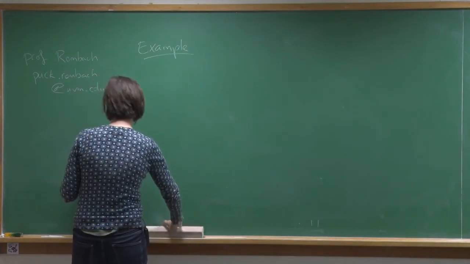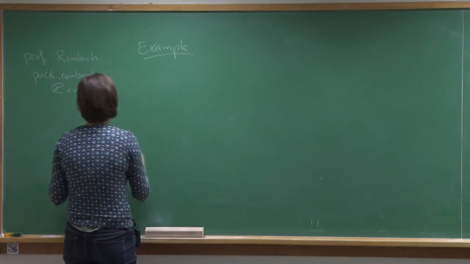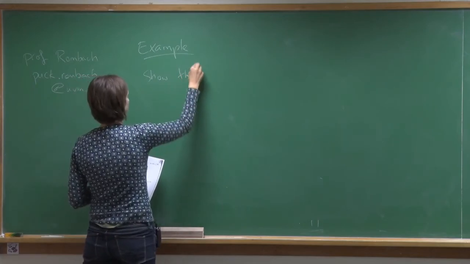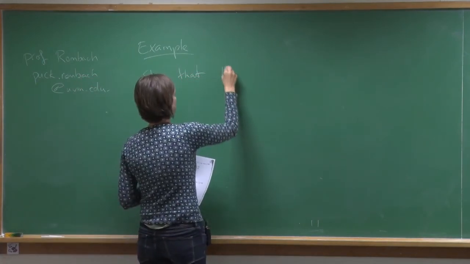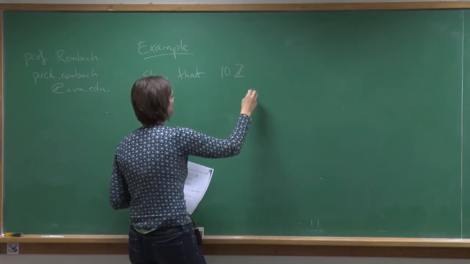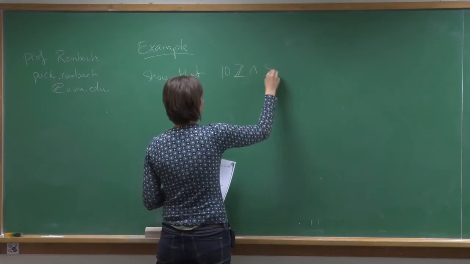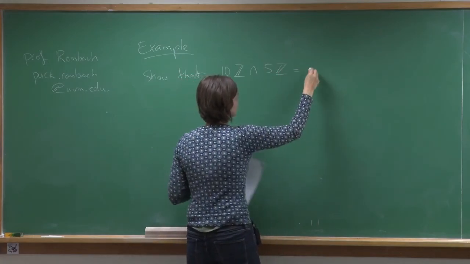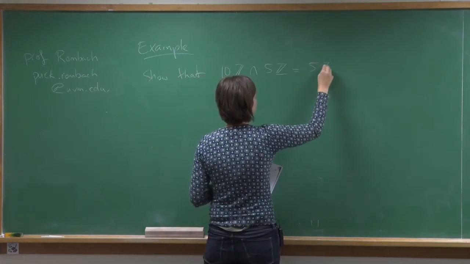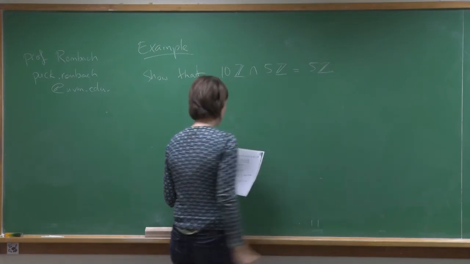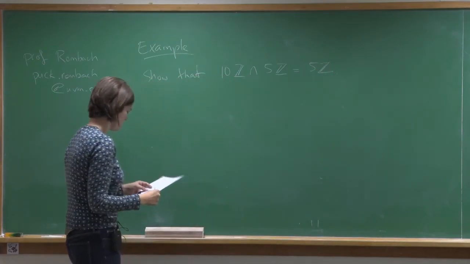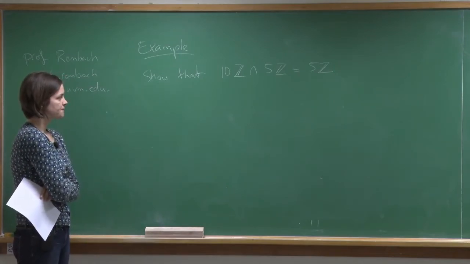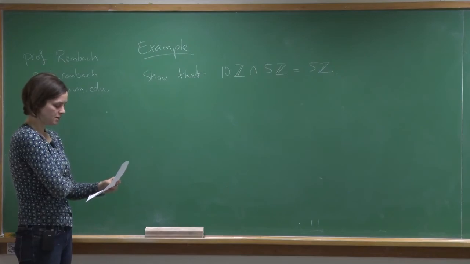So as another example, we can show that the intersection of the multiples of 10 and the multiples of 5 is just the multiples of 5. So how would we show that?